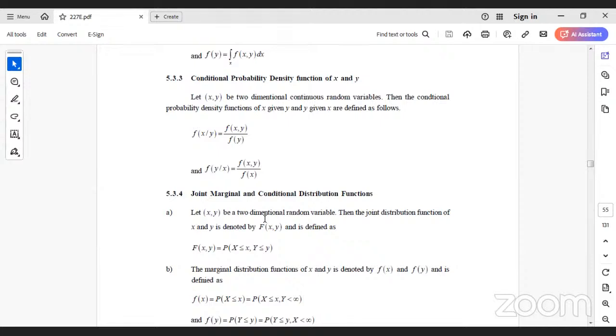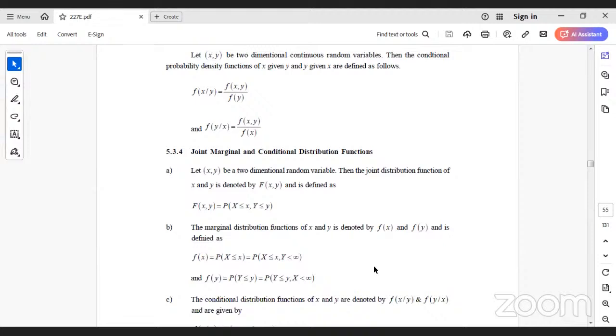The marginal distribution functions of x and y are denoted as F of x and F of y. F of x is P of X less than or equal to x and Y less than or equal to infinity, because y is taken up to infinity.